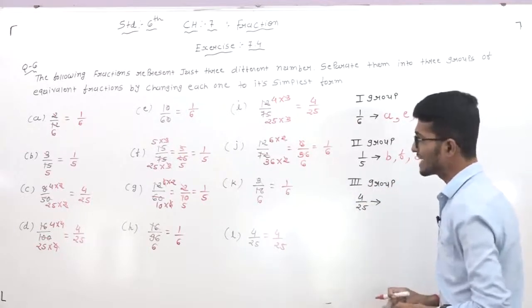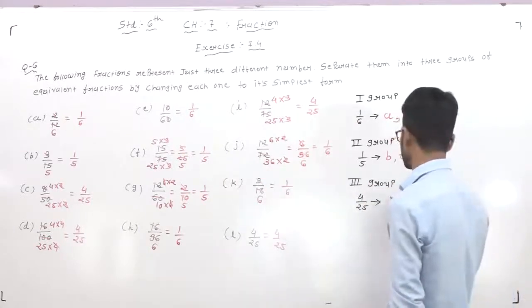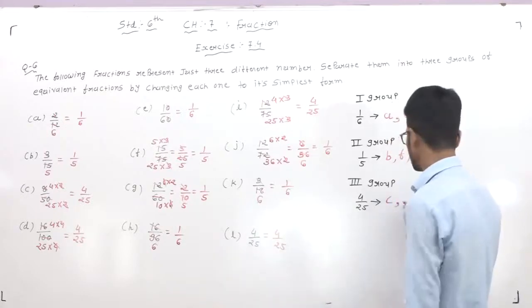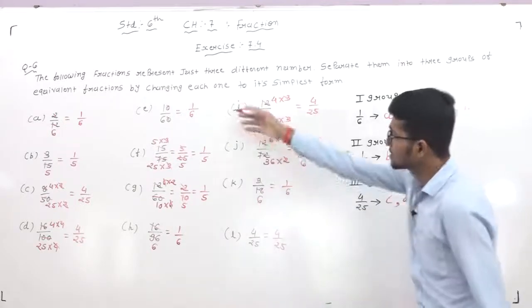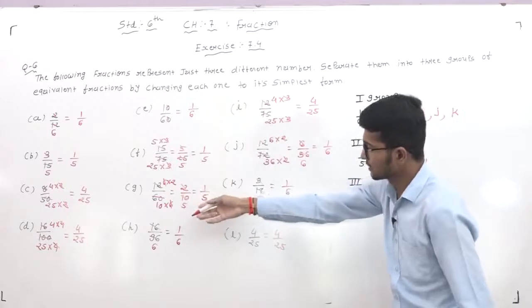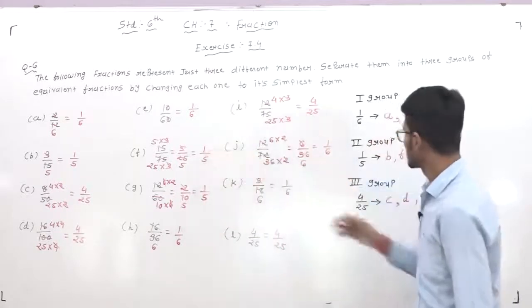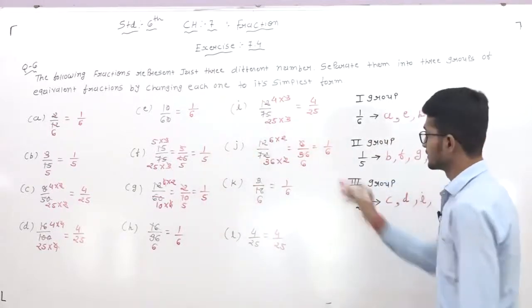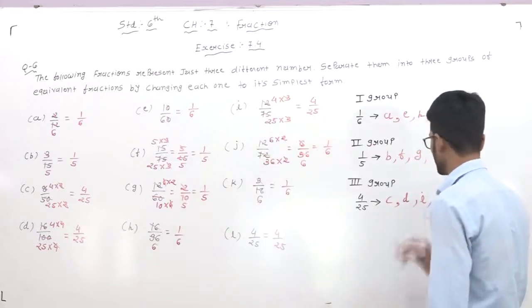And then our third group, 4/25. In 4/25 is included C, then after D. See here 4/25 is not in this part. Now the next one is I, then after the L. So how many are included here? Total 4. So 4 fractions are included in 4/25, 3 fractions in 1/5, and 5 fractions in 1/6.